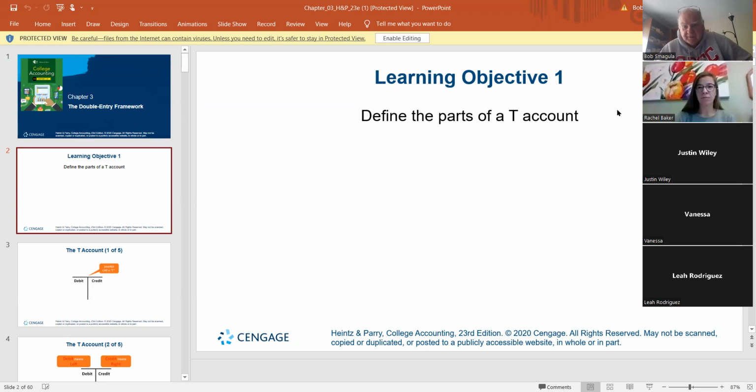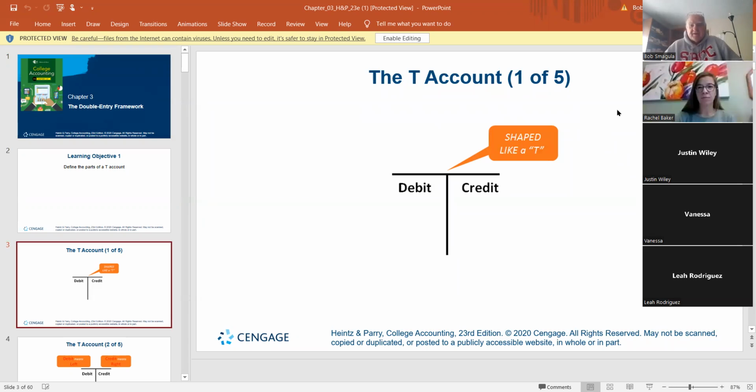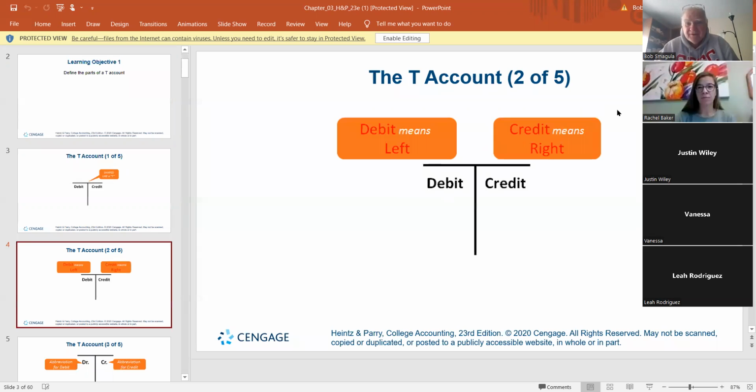We want to understand how to maneuver around a T account to get started. Debit, credit. Debit on the left, credit on the right. That's the first thing you'll understand, hopefully. The only thing debit and credit means is left and right.